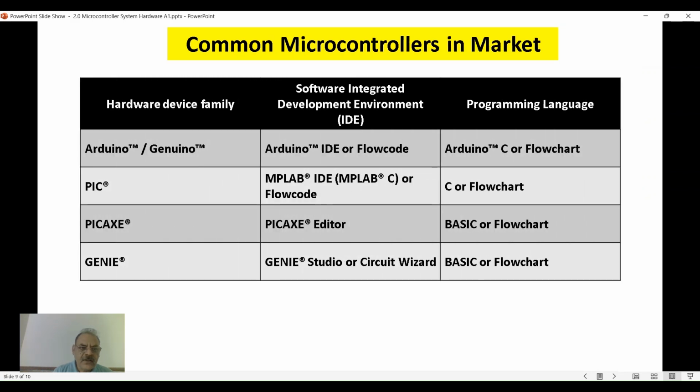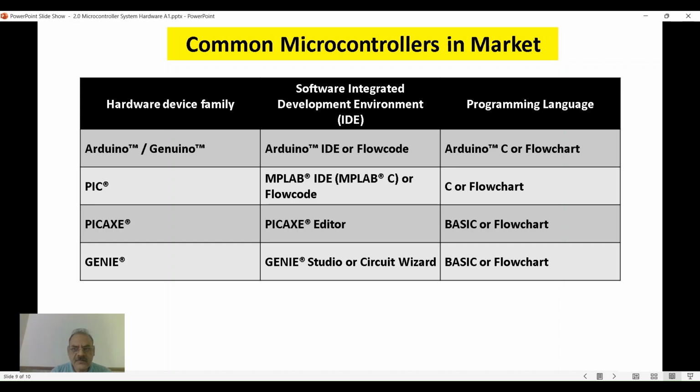The Arduino or PIC use Flowcode as well as their own IDE. Arduino IDE is free software. Flowcode is paid software made by Matrix. The Arduino IDE uses C language, whereas in Flowcode we use flowcharts.